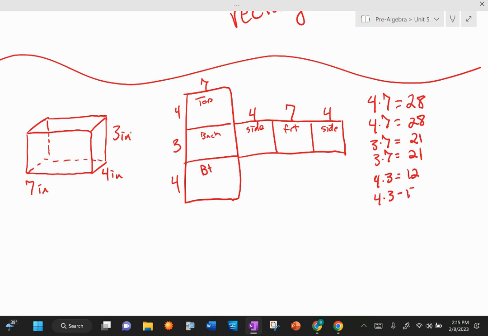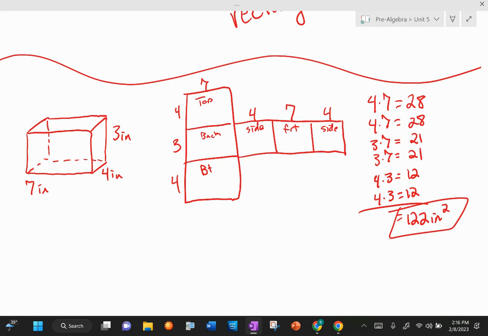It's going to be 12 and 12. And then we add all those up. What do we get? 122 inches squared. All right. Not too bad. Easy peasy. All right, let's not do the extra example then. Let's keep going. Y'all are getting further than the other class.